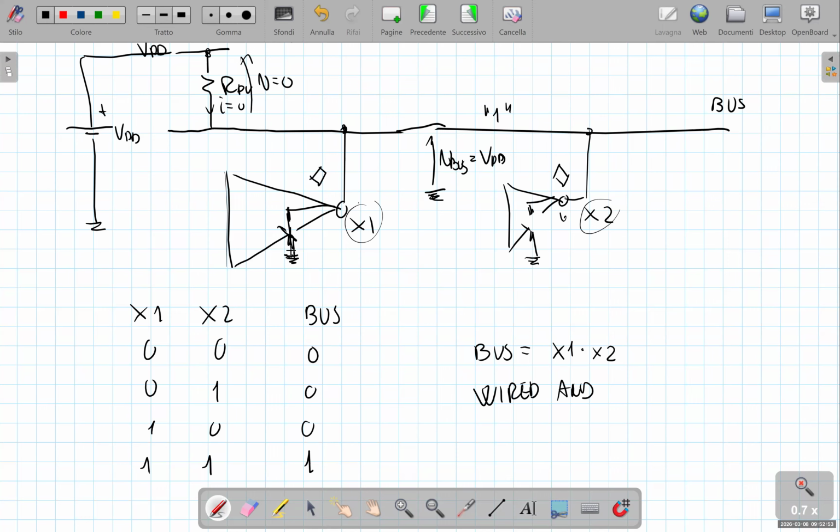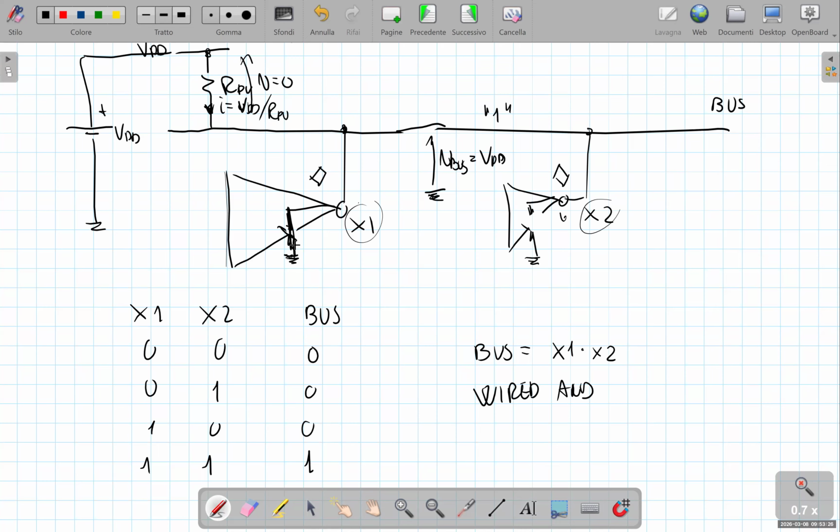Actually, when one of these gates is at the low state, the current flowing through the power supply in static conditions is not zero. This current will be VDD over the value of the pull-up resistance. So we cannot choose this pull-up resistance too low, otherwise we will have a large current drawn from the supply.